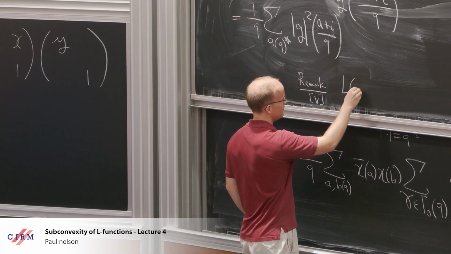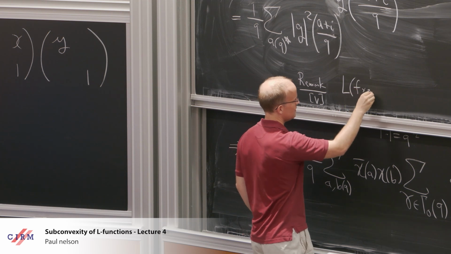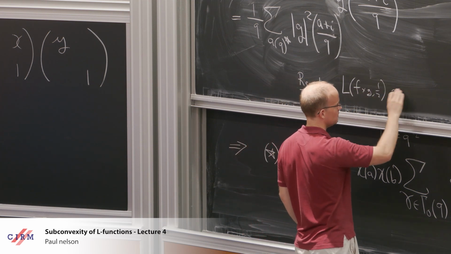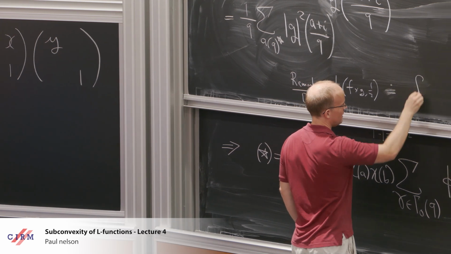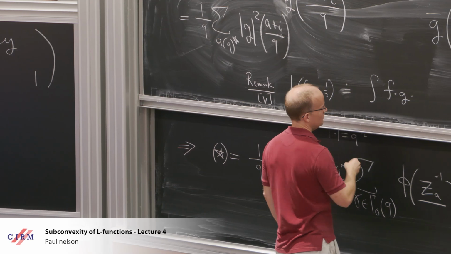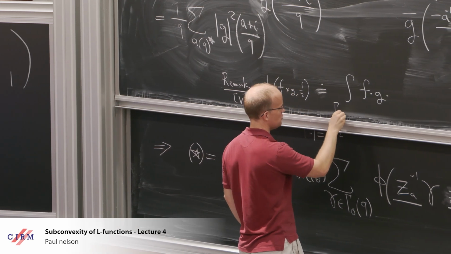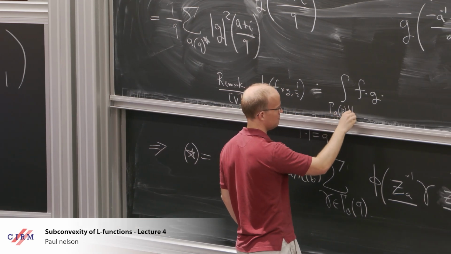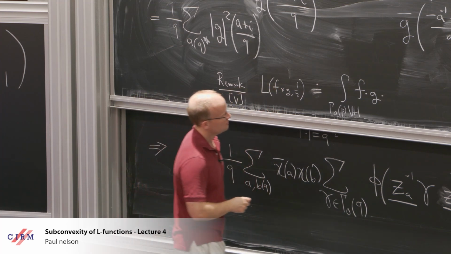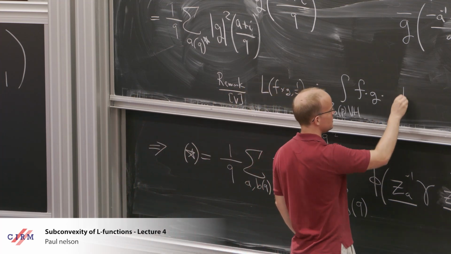So you use the fact that f times g 1/2 has an integral representation as an integral of f times g, and it should be over something like the upper half plane mod gamma naught of p. And then you want to take an Eisenstein series here.